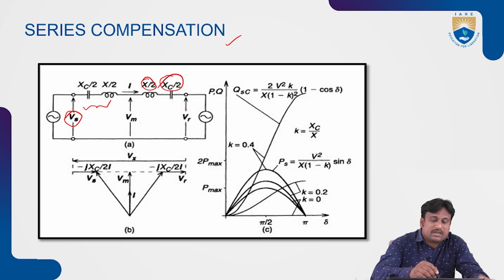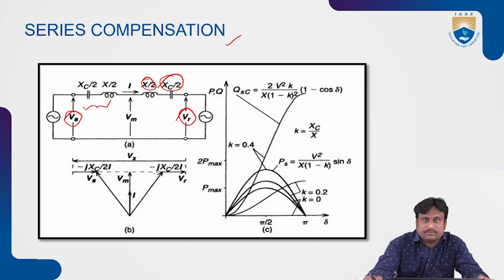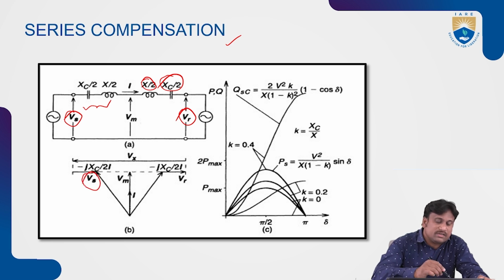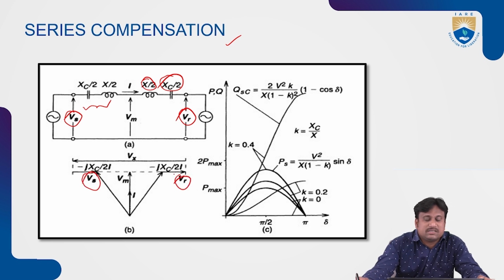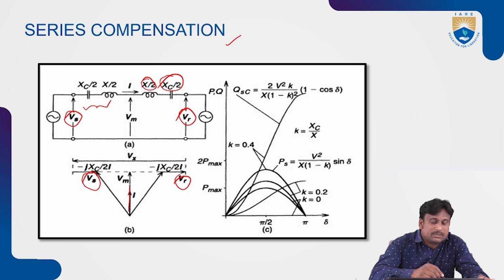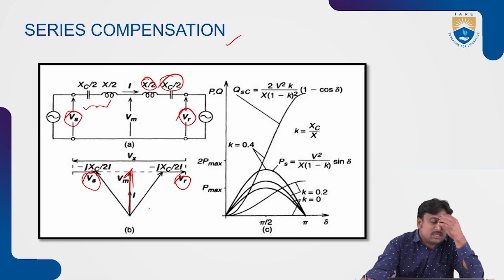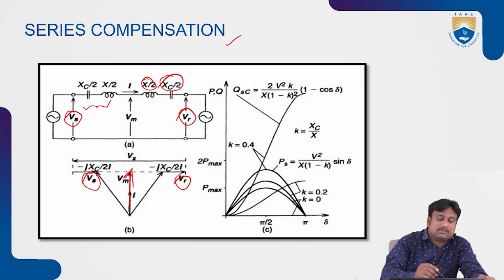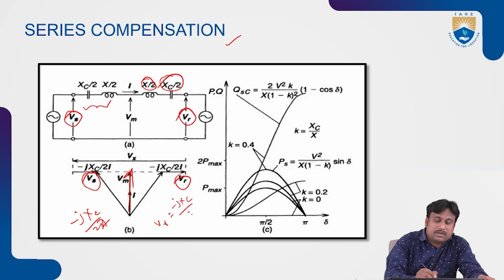These coefficients receive the end voltages reflected here, and based on that the phasor sequence is split into two cases: a sending end voltage and a receiving end voltage. This is the magnitude of the final voltage with reference to the line. The sending end voltage is separated as minus jxc by 2 times i, and similarly the receiving end voltage is separated by minus jxc by 2 times i.